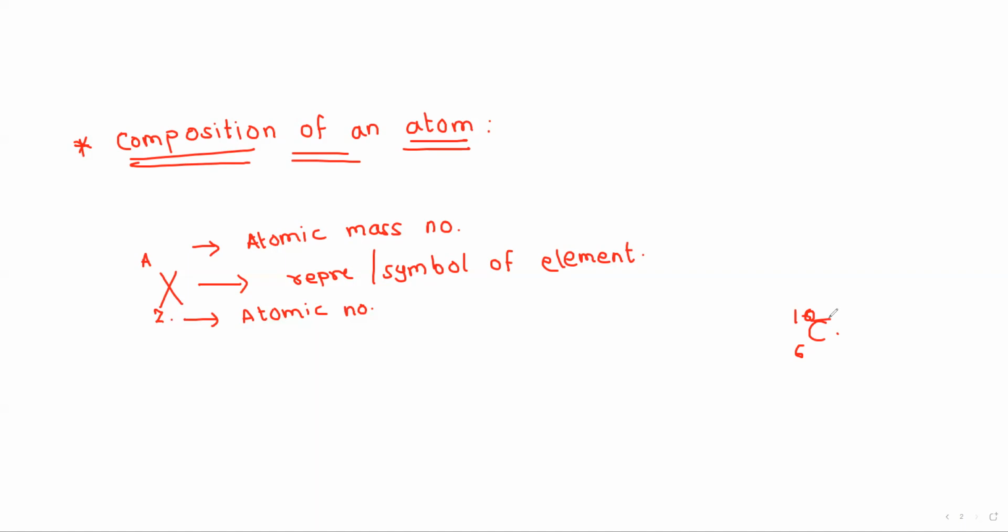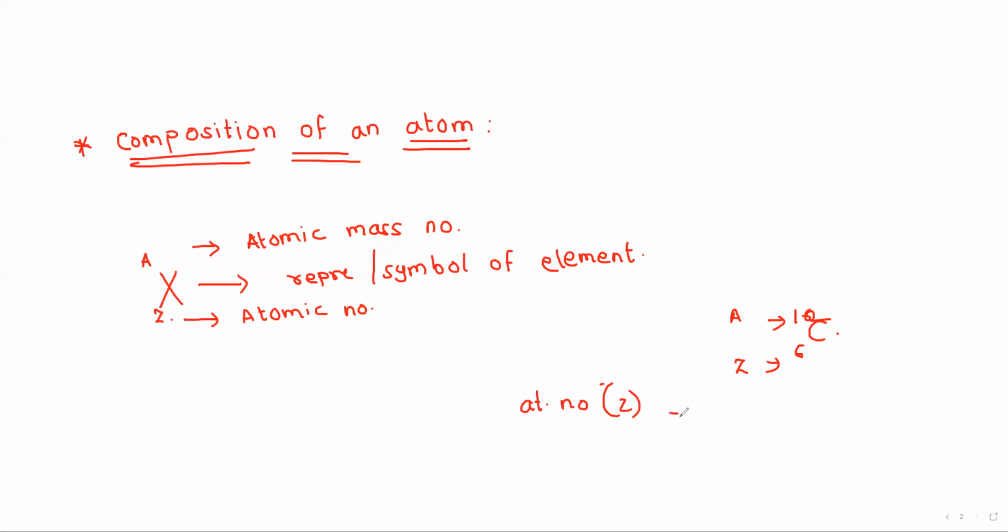Now, what is A? A is the atomic mass number and Z is the atomic number. And what is C here? C here is the representation or symbol of carbon. Okay. Now, we will see the actual meaning of A and Z. Now, what is atomic number?